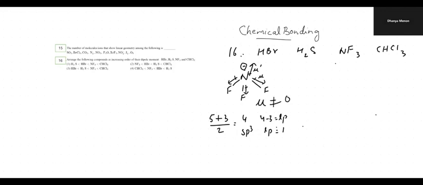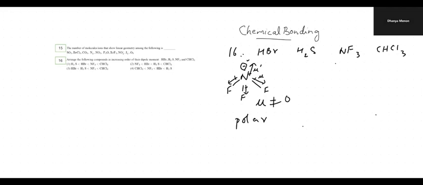Here these bonds are highly polar. They are polar, but some amount of it is getting cancelled, though not fully, because these dipoles are different. One dipole, mu dash, is because of the lone pair, and mu is because of the fluorine. So they don't cancel each other, so there is some dipole.